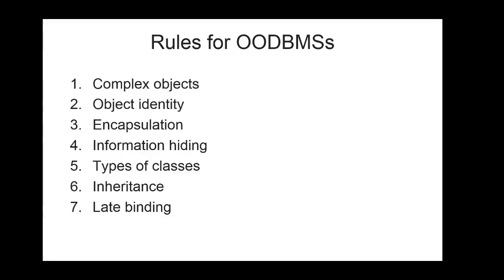There are also some rules for object-oriented database management systems. First, complex objects. An object-oriented database management system must support the creation of complex objects from simple objects such as integers and characters. Object identity, which must provide a way to identify objects. That is, the system must provide a way to distinguish one object from another object. Encapsulation.